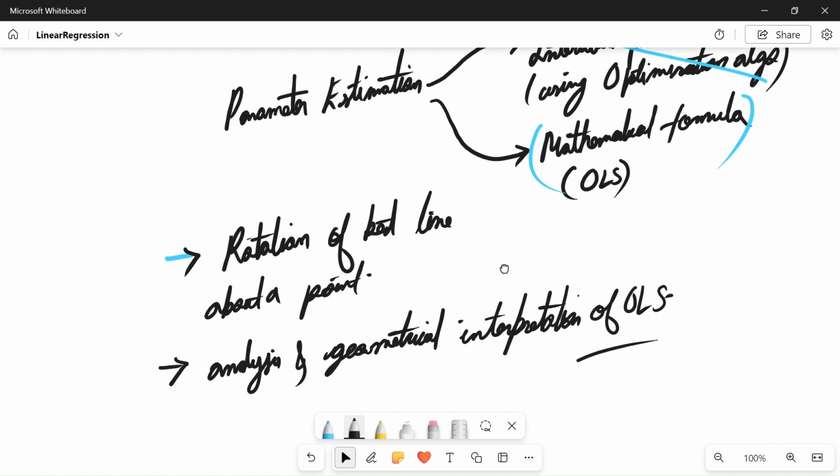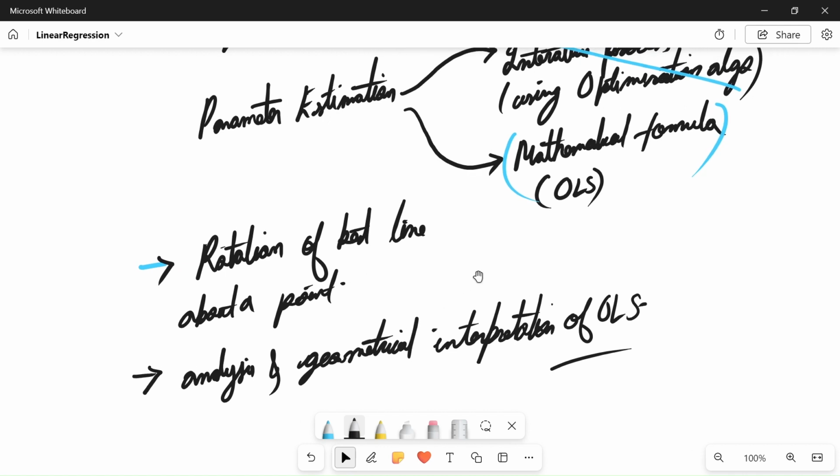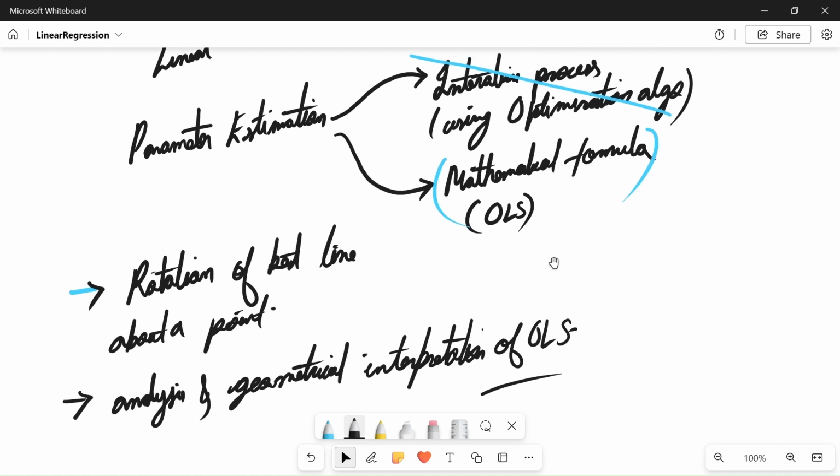Okay, so let's move on to the first segment of our discussion: rotation of the best fit line about a point. Now, this part actually involves some differentiation, some knowledge of calculus. If you have studied calculus in your high school, this requires very basic knowledge of calculus.